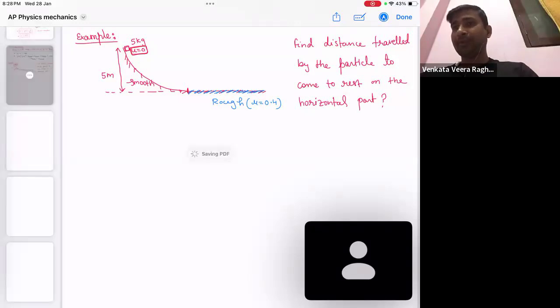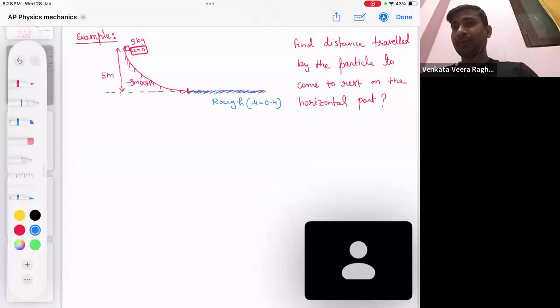What is the distance traveled by the particle before coming to rest? Before coming to rest means what? Again, the final kinetic energy will become zero, isn't it?